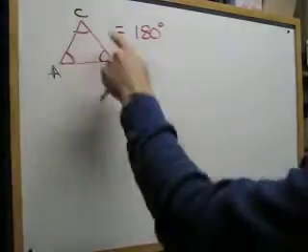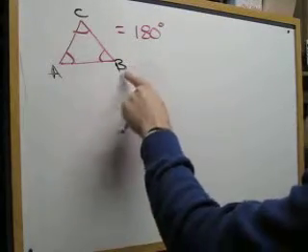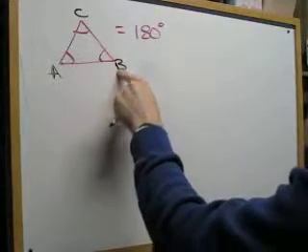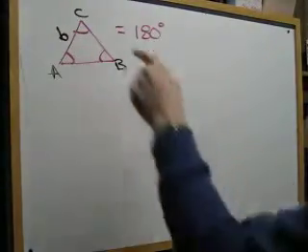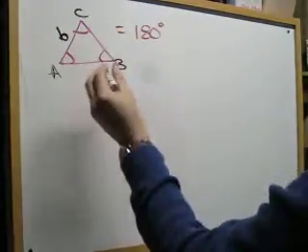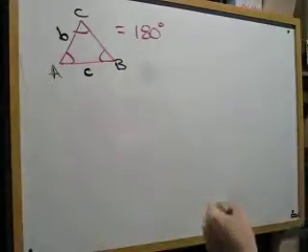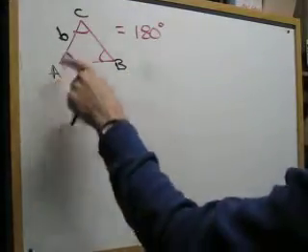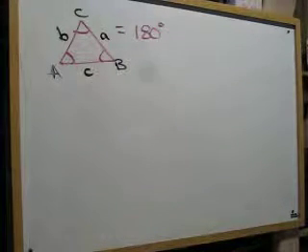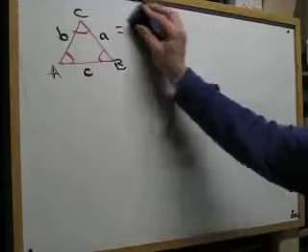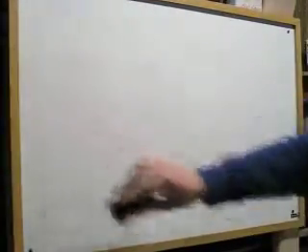Now, as far as labeling these sides, this one's capital B. That means the side opposite it would be lowercase b. Capital C here, opposite would be lowercase c, which looks the same as uppercase. A here, the opposite would be lowercase a. So that's the correct labeling of a triangle. So as we go into some of these triangles here, good to know that bit of information.